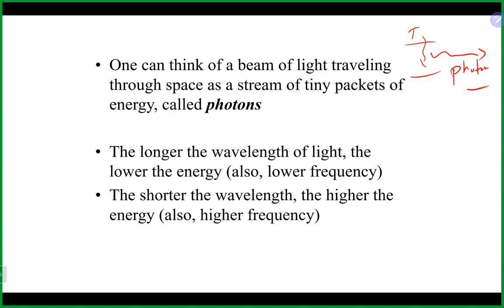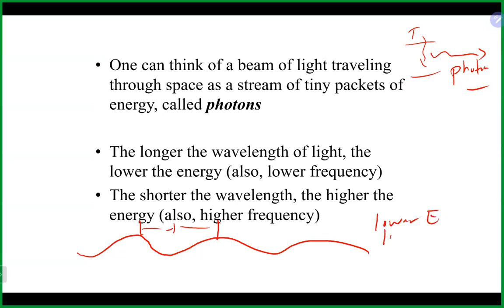The wavelength of light: the longer the wavelength, the lower the energy and the lower the frequency. The shorter the wavelength, the higher the energy and the higher the frequency. So if we have a wave traveling through space like this, it has a much longer wavelength, which will have a lower energy and also a lower frequency, as opposed to a wave that has a much shorter wavelength, which means that it will have a higher energy and a higher frequency.